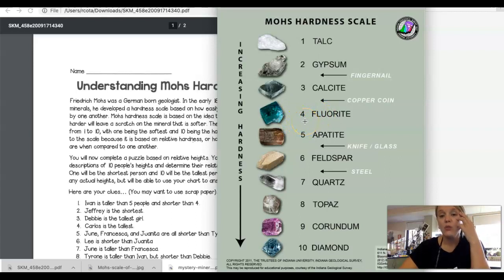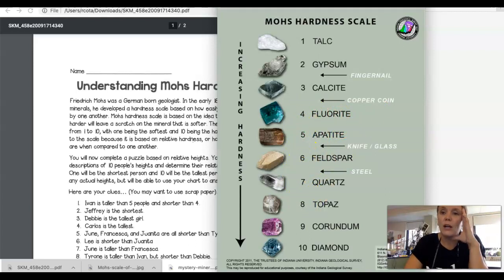So maybe you have a known sample of fluorite and you want to see if your unknown mineral is harder or softer than fluorite. Well then, you could scratch those two minerals together, and whichever mineral does the scratching would be the harder of the two. If your unknown mineral was harder than a fluorite sample, then you would know that it fell somewhere up here.